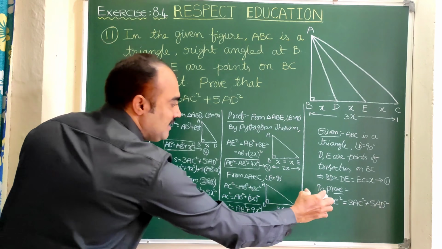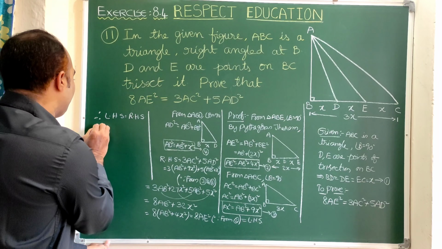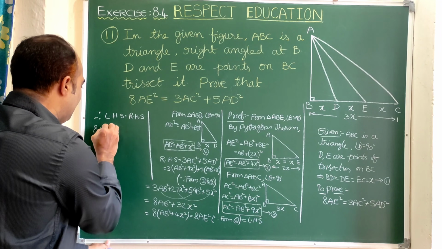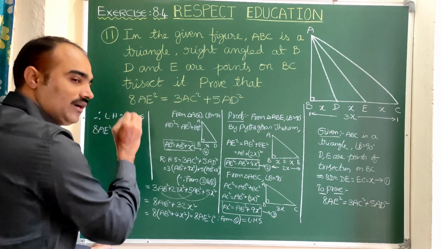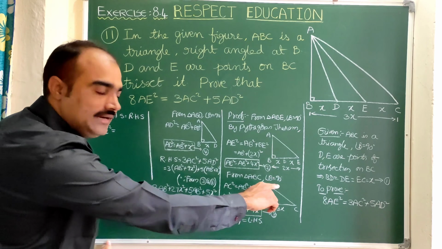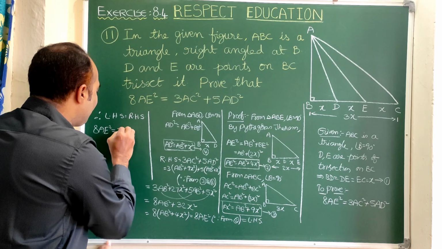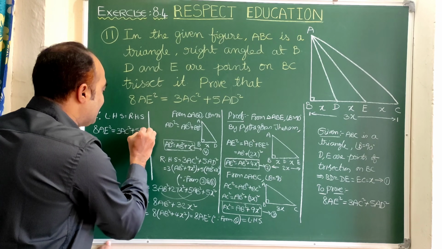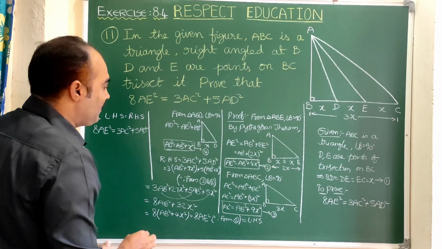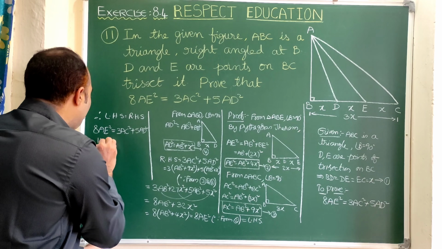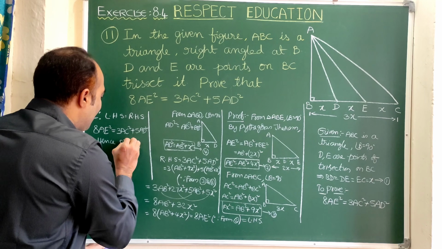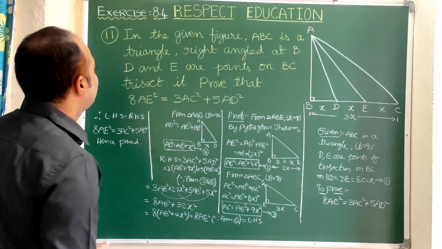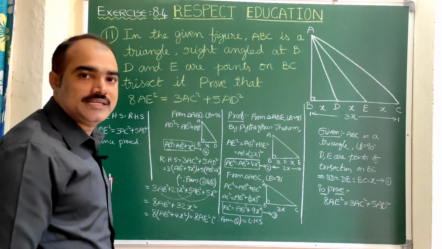Here you see what is LHS, 8AE square, 8 times AE square is equal to 3 times AC square plus 5 times AD square. So here we can write hence proved. With this 11th problem gets completed.